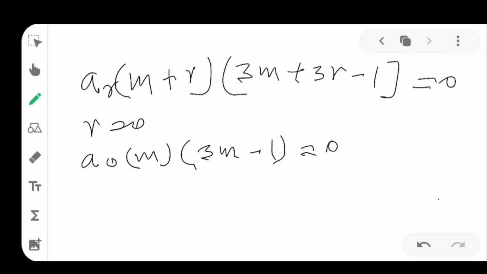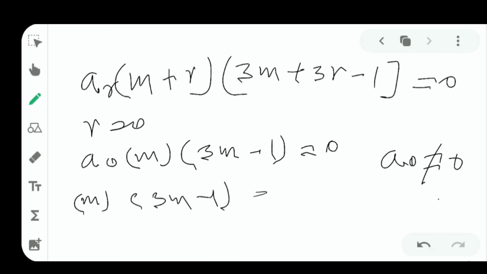a0 is not equal to 0; a0 can never be equal to 0. So m into 3m minus 1 equals 0. So m will be equals to 0, and m equals to 1 by 3.